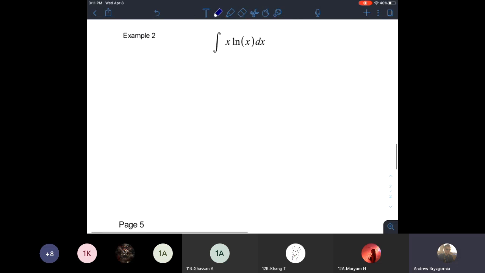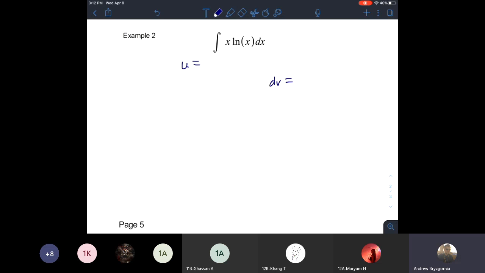So again, still keeping it pretty basic for us. So we have x natural log x. Once again, we want to start with u and our dv. And this one is included because I'm being a little mean here.